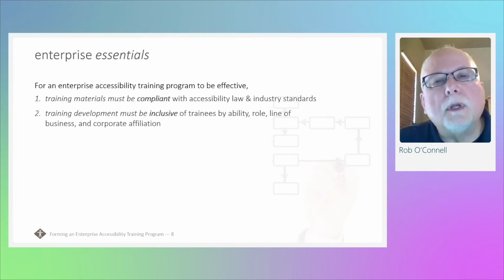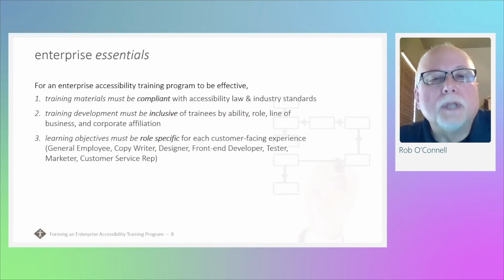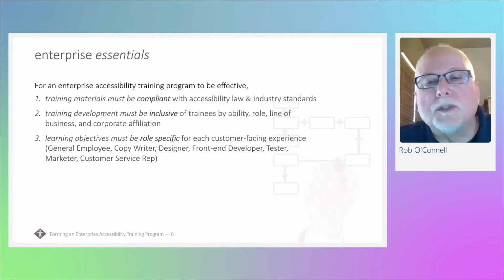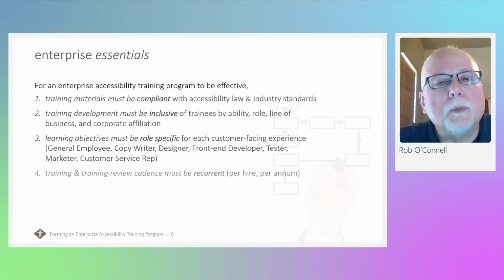The development of it would have to be inclusive of trainees by abilities, roles, lines of business, and so forth. Learning objectives would have to be role specific for each customer facing experience and for service reps as well. So front lines who create content for members who touch that interface, touch the glass, so to speak, as well as people who engage face to face.